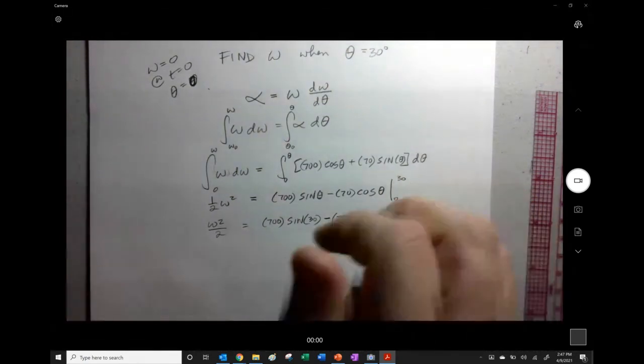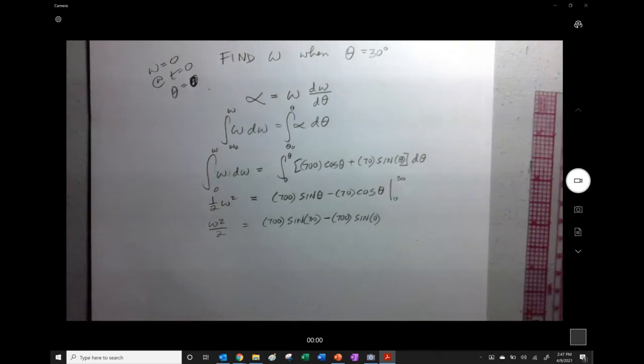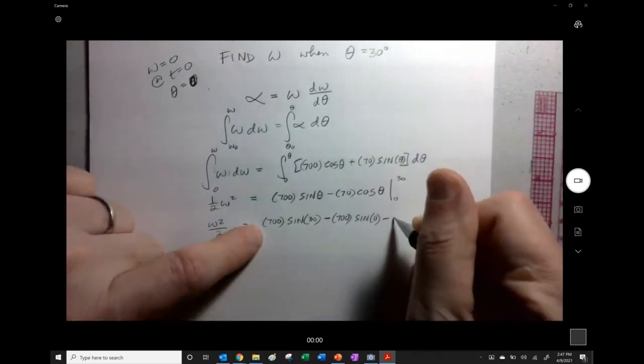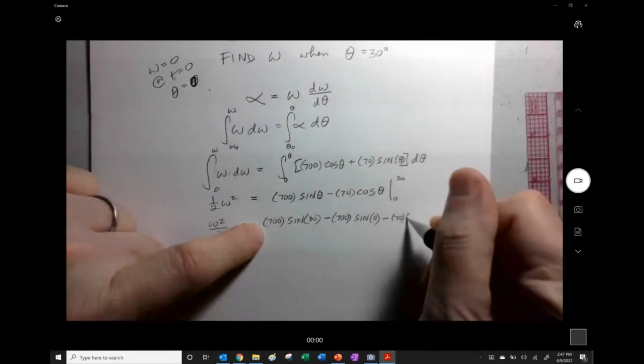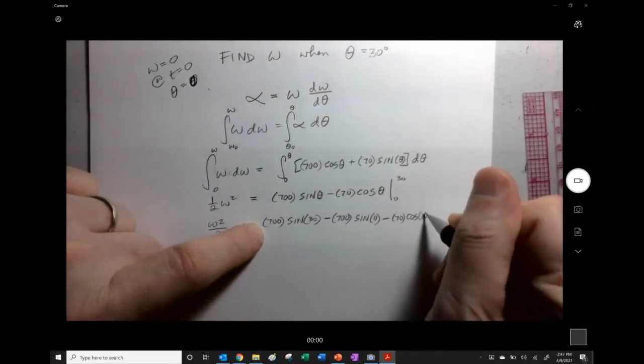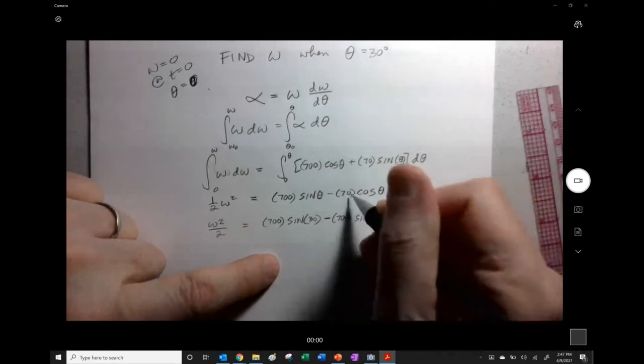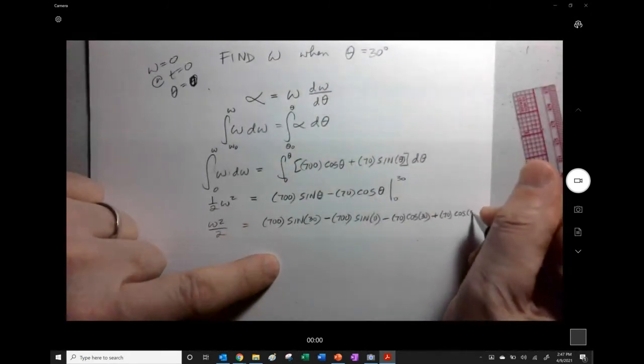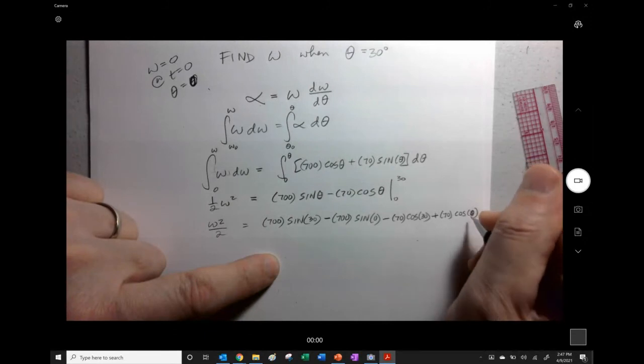No, wait a minute. Sine of 0 is 0. Yes, it is. Okay. Minus 70 cosine of 30 plus, because it's minus 70 cosine of 0, which is 1.